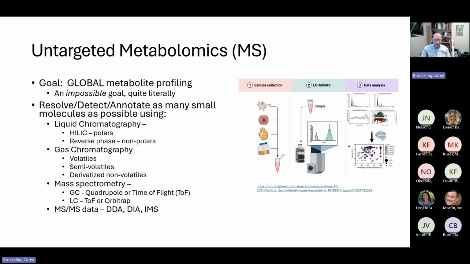We can also analyze semi-volatiles because we can increase the oven temperature in which the column resides to get the semi-volatiles into a volatile state to move through the column. And we also sometimes analyze non-volatiles, such as amino acids and mono and disaccharides, with gas chromatography following derivatization to make them more compatible with GC-MS.